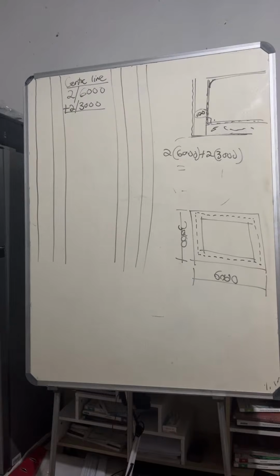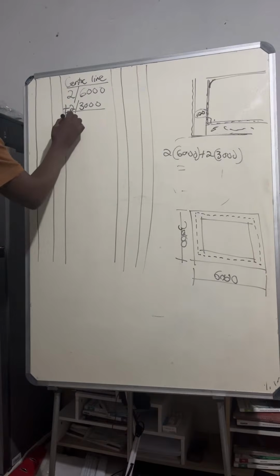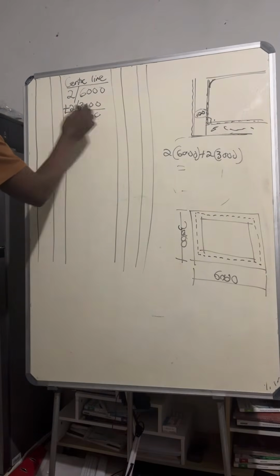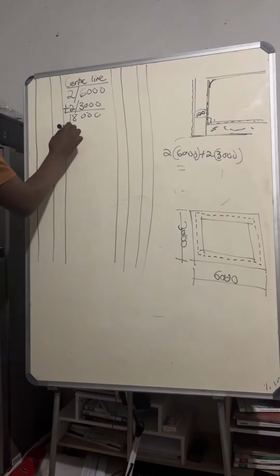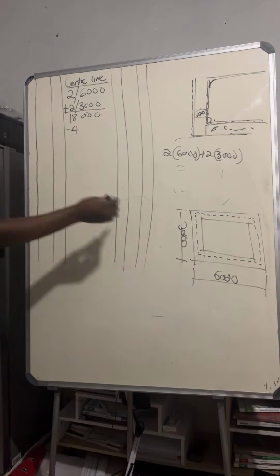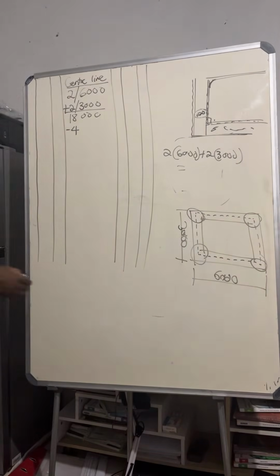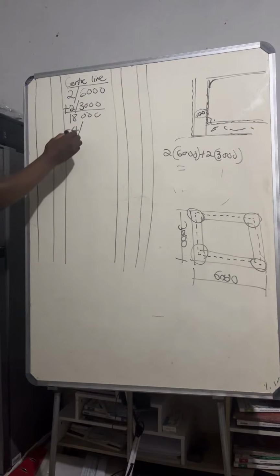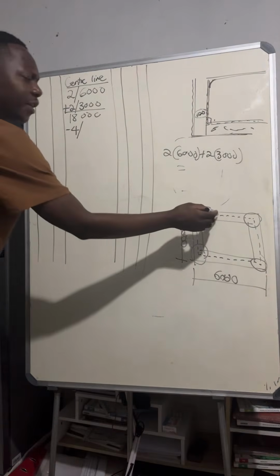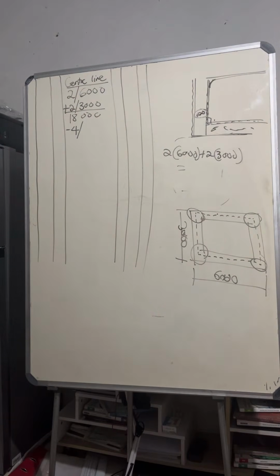Now we have 18,000. From that perimeter, you go to less 4. What does this 4 stand for? These are the 4 corners of the structure. Multiplied by the thickness of this wall. What is the size of the wall?